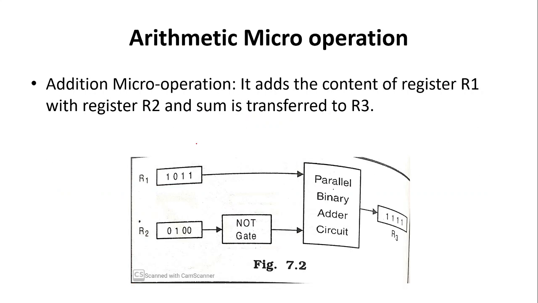So in addition micro operation, as I have discussed, it adds the content of R1 and R2, and the result is transferred to R3. There are two registers R1 and R2, and there is a NOT gate inside this. When it is supplied to the parallel binary adder circuit, the result is R3, that is the sum of the two registers R1 and R2.